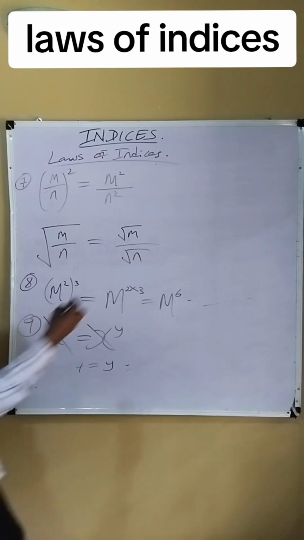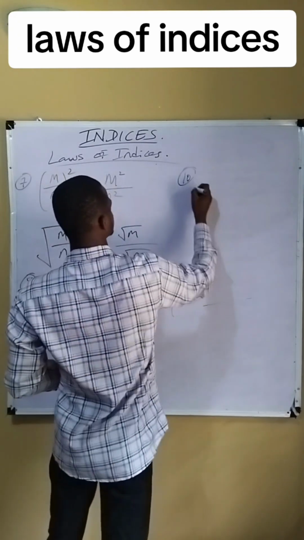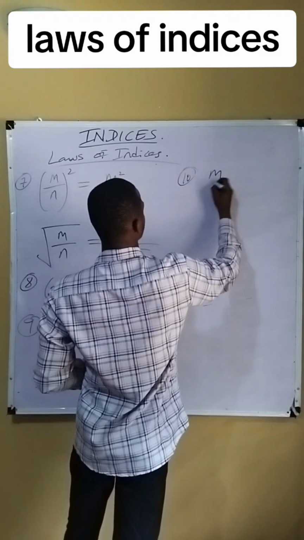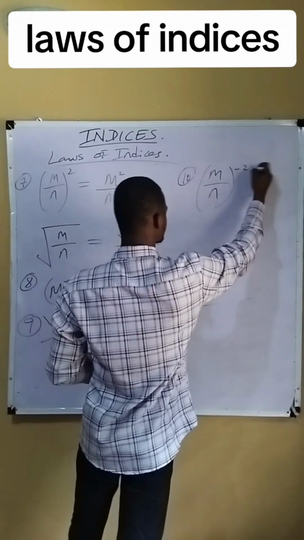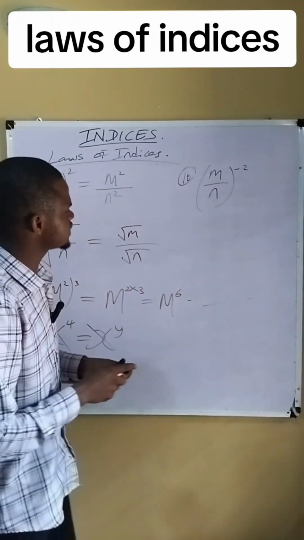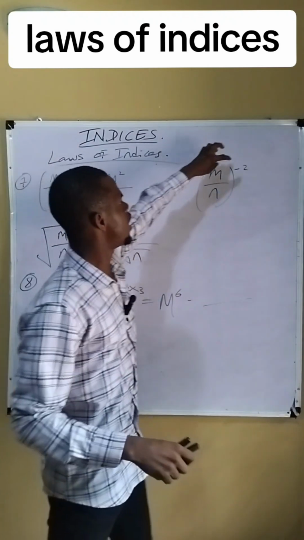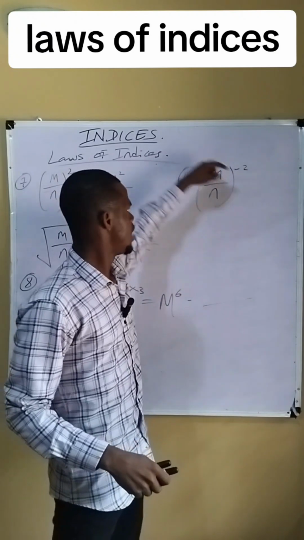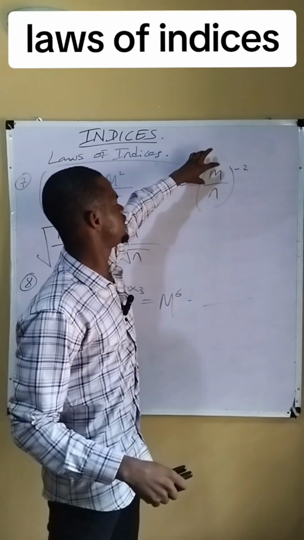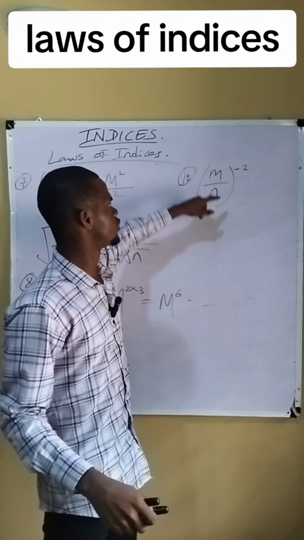And if you have something like this, m all over n all raised to the power of minus 2, you can see that there's a negative index here, which is minus 2. And inside the bracket is a fraction.